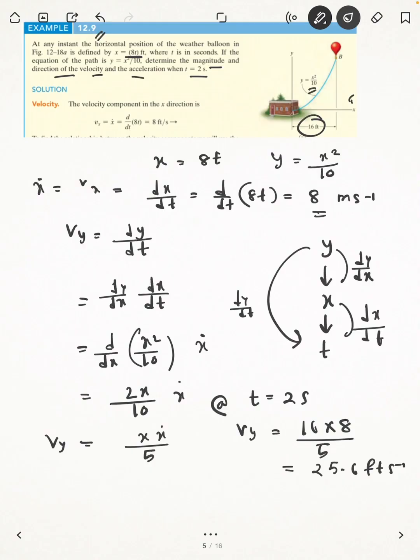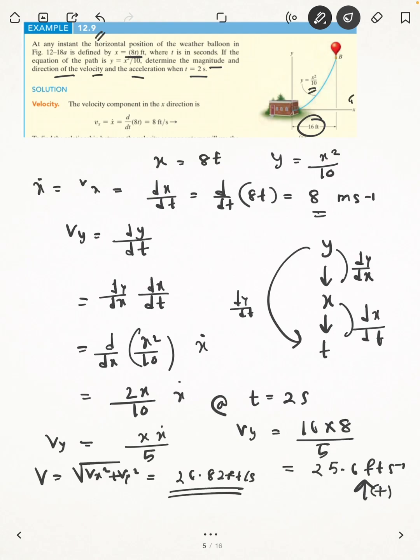The direction would be upward, because upward is positive and we have got a positive value. So v should be root over vx square plus vy square, and that will end up with 26.82 feet per second.